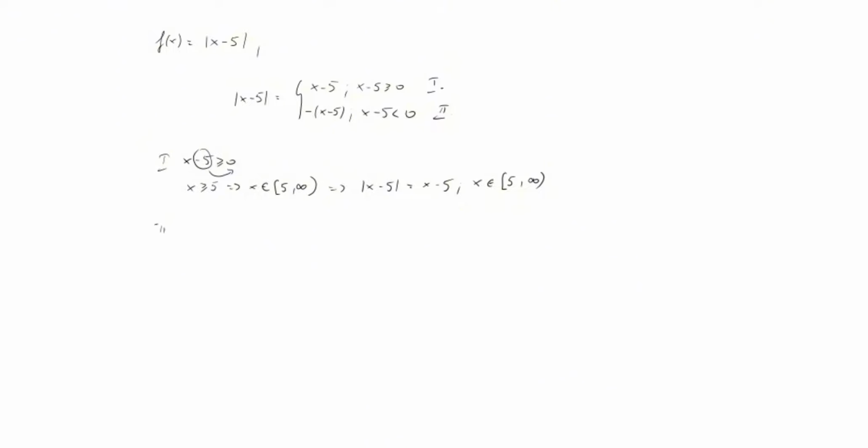The second case, x minus 5 is smaller than 0, so that means that x is smaller than 5.